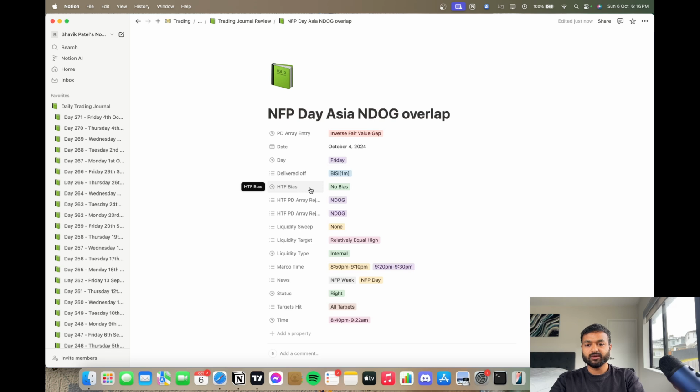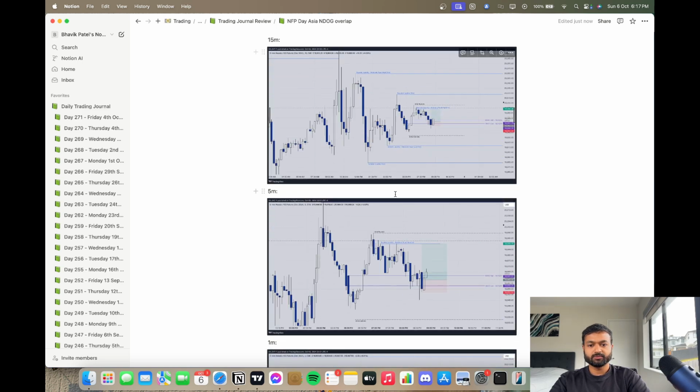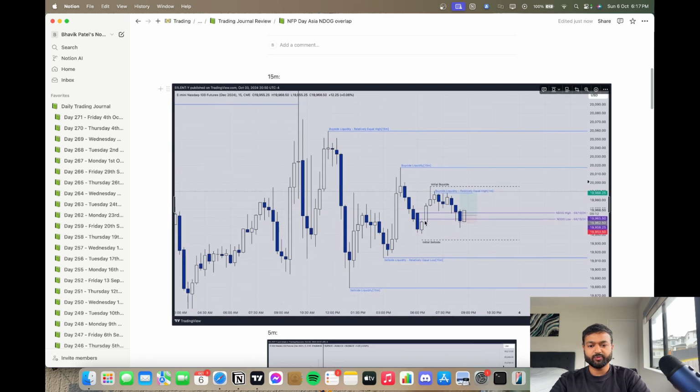And then higher time frame bias. So I didn't have a bias for the higher time frame or the session. Higher time frame PD array rejection. So let's say on the higher time frame you have levels. The higher time frame I use is mainly the 15 minute or the 5 minute, and then I can see that there is a gap here.